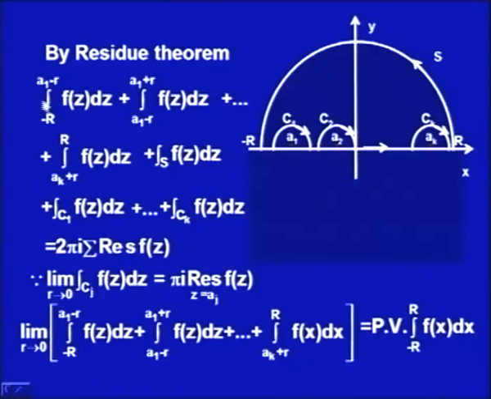This first integral along the real line is the principal value of the real integral, and all these integrals on the smaller semicircles C1, C2, C_j approach pi i times the residue at z equal to A_j of f(z), that is, the summation of residues of f(z) over all the poles on the real line.